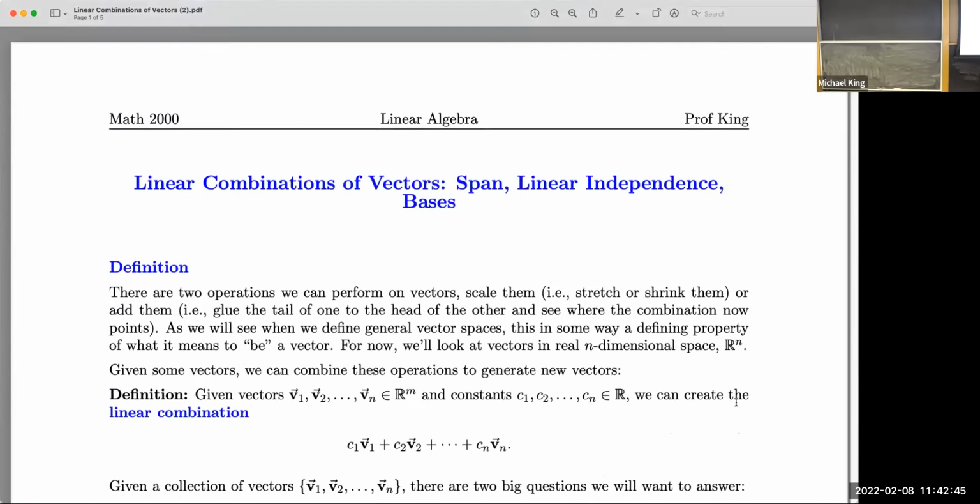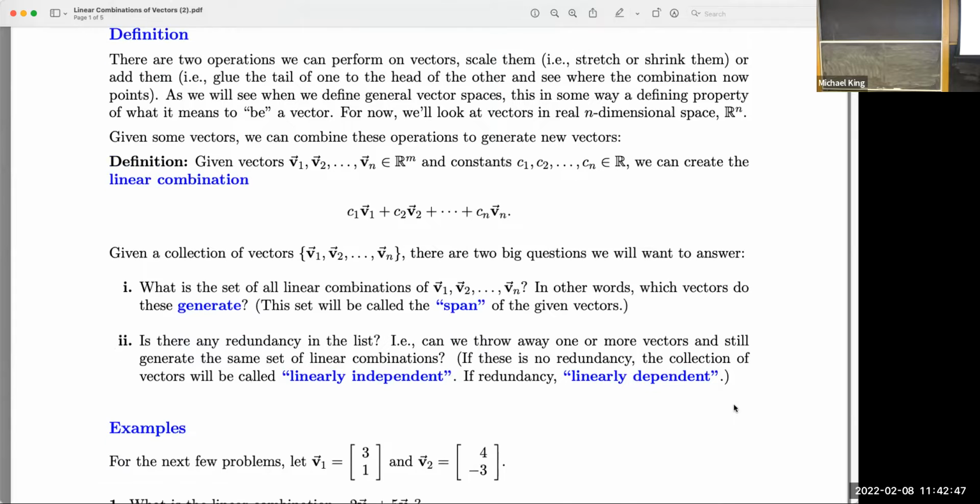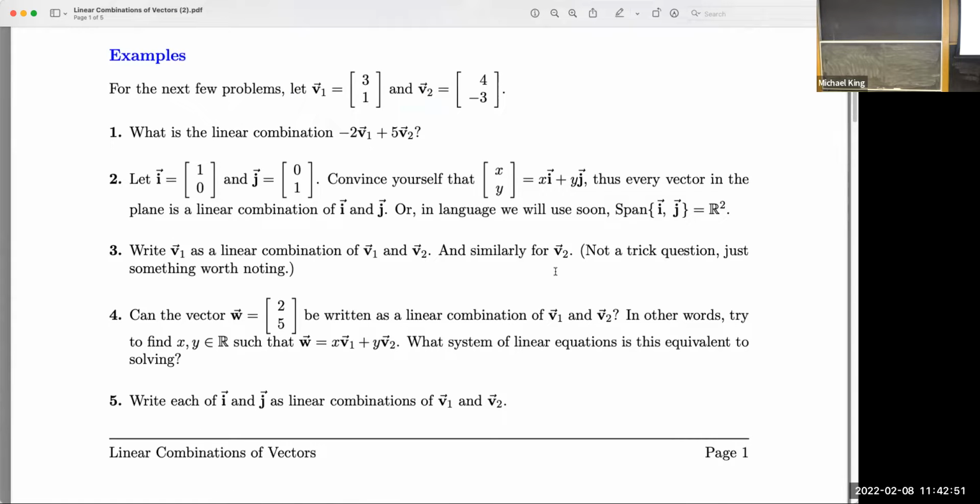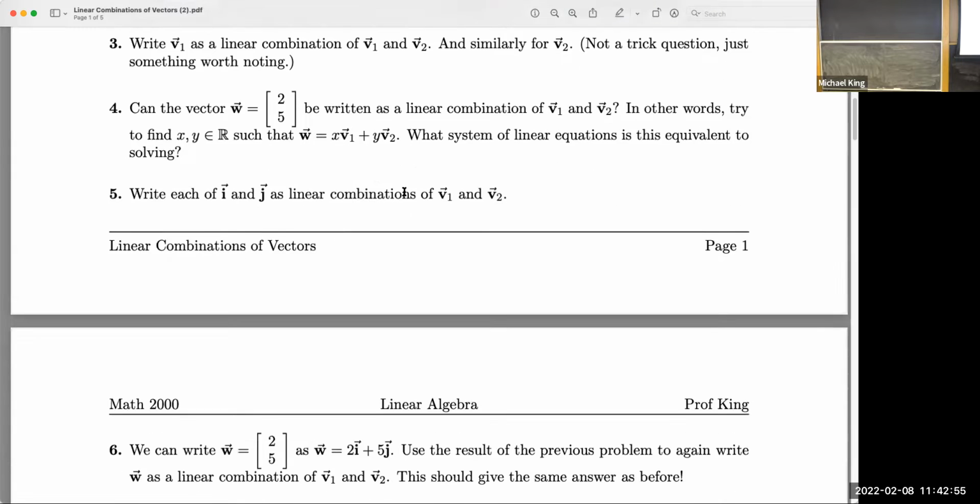But let me remind you where we were. Right, so we were talking about linear combination of vectors, right? We were doing all this stuff with, you know, like if some vector can be written as a linear combination of others.